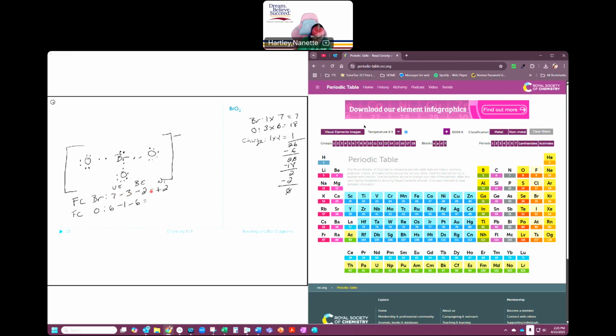Each oxygen wants 6, but actually has, at this moment in time, 7. So each one has a minus 1 charge. Overall, this molecule has plus 2 for the bromine and minus 3 for the oxygens, so the net is a minus 1 charge, which matches what it has, which is good.